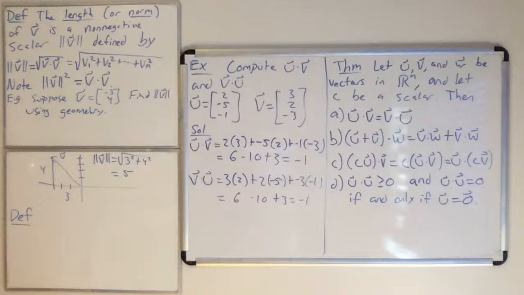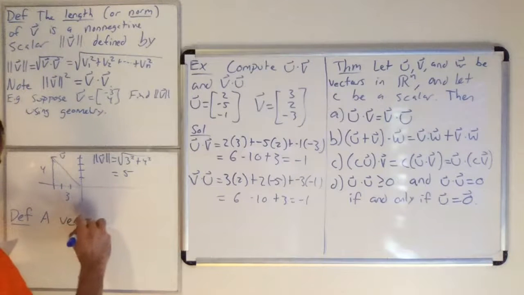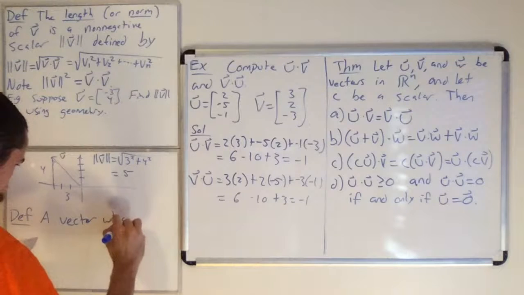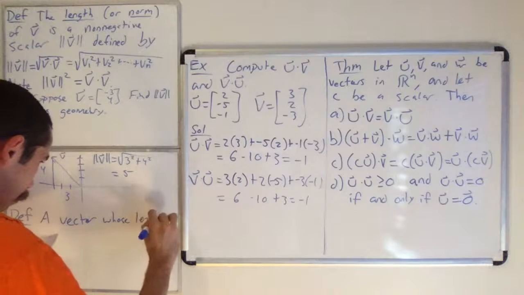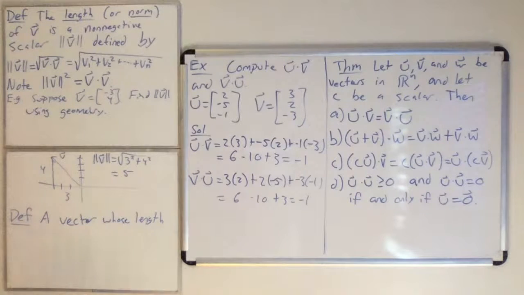A vector, so we're going to be interested in these vectors that have certain length. So a vector whose length is 1 is called a unit vector.